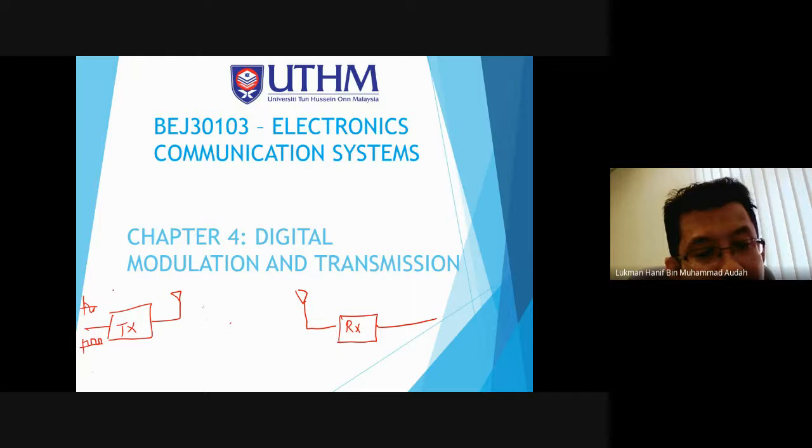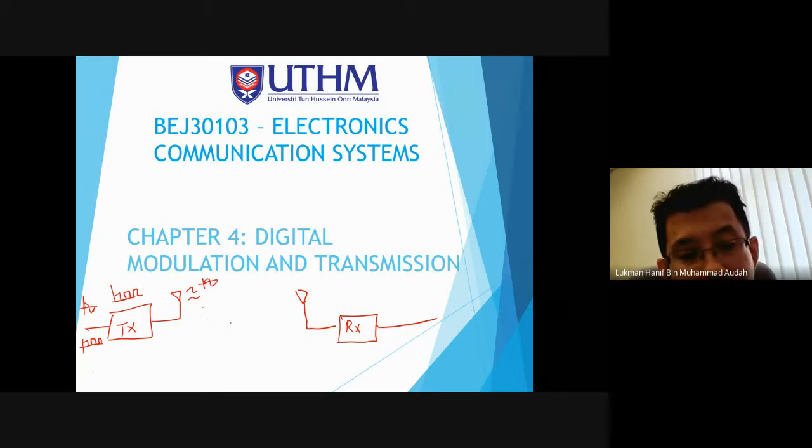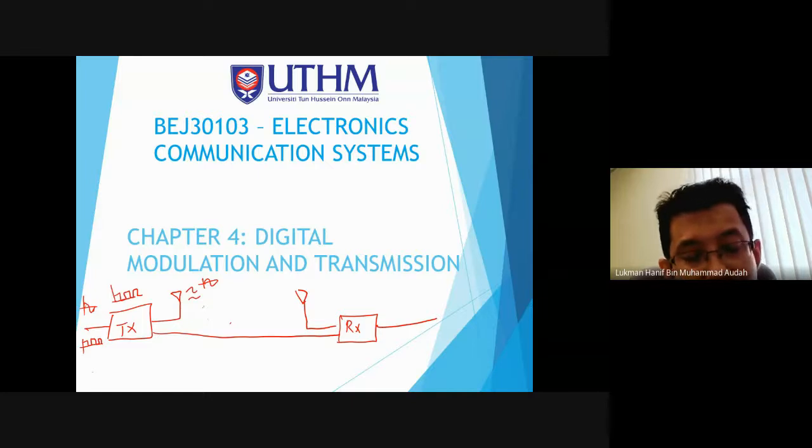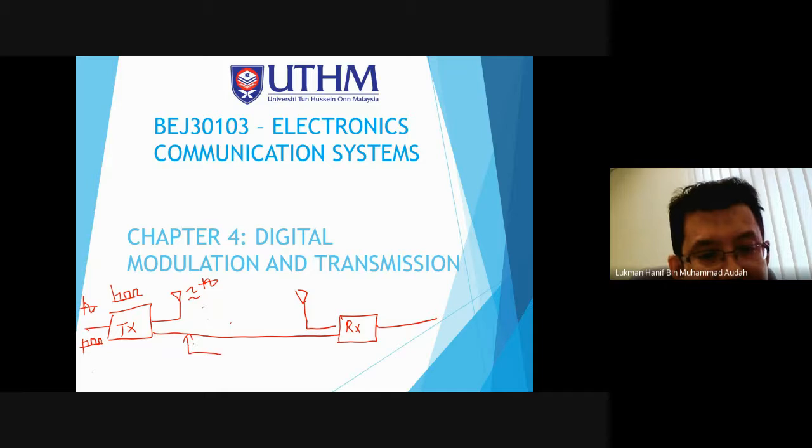Okay. Dan kita akan proses secara digital. Okay, we process the input as a digital. And we have the options to transmit as analog or we can transmit as digital. For example, here using a wired, okay, kita menggunakan digital pulses.